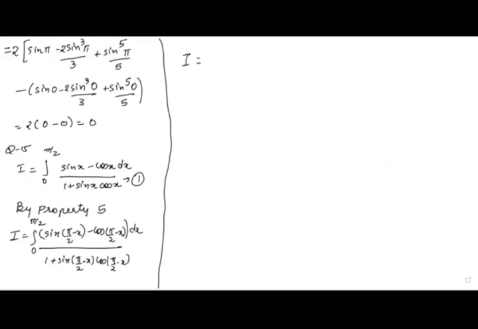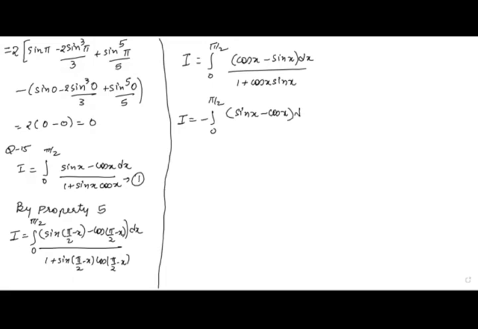So this I can be written as the integral from 0 to pi by 2 of (cos x minus sin x) dx upon 1 plus cos x sin x. If I take minus common outside from the numerator, then I will have cos x sin x minus cos x dx.